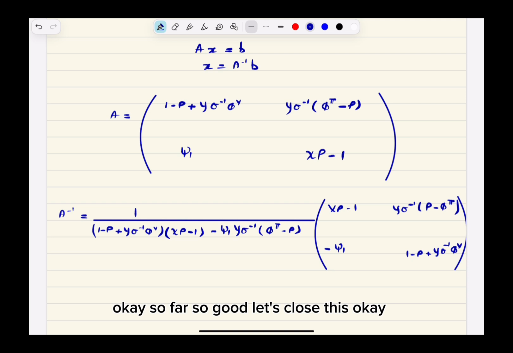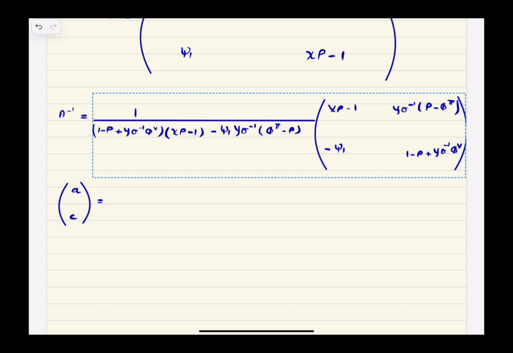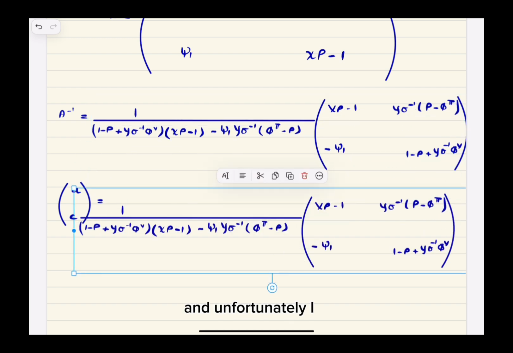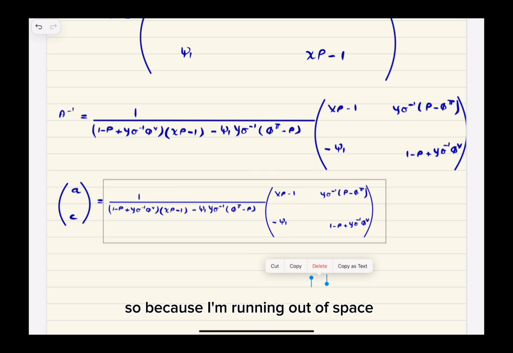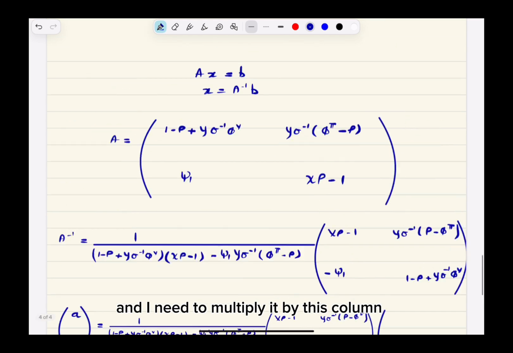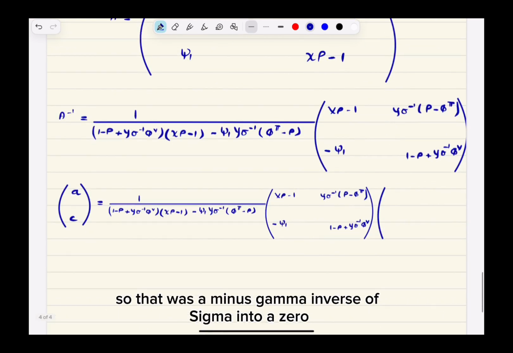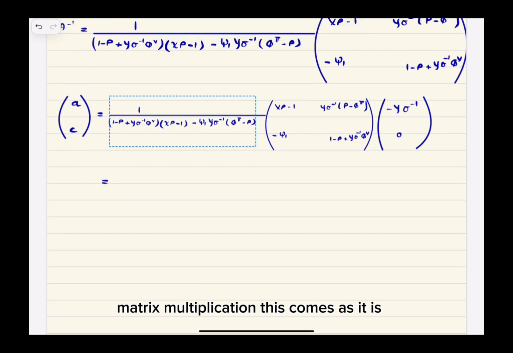Let's close this. Okay, so the answer to A and C is, if I take this inverse, and unfortunately I'll have to make this a bit tiny because I'm running out of space, and I need to multiply it by this column. So that was a minus gamma inverse of sigma into a 0, right? And now let's do matrix multiplication.